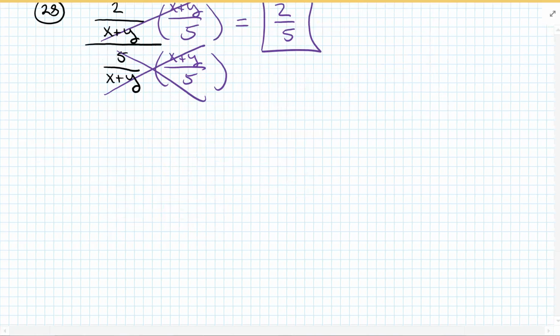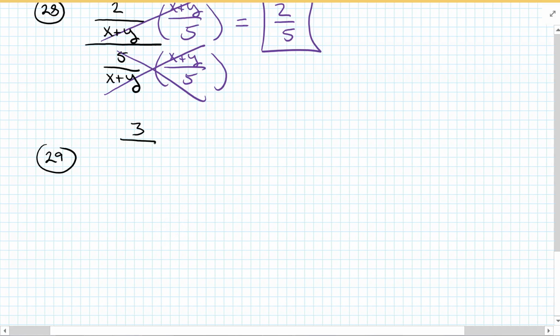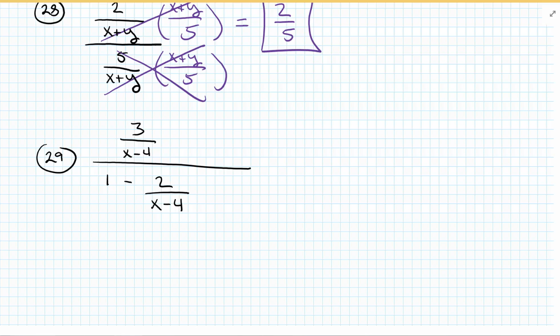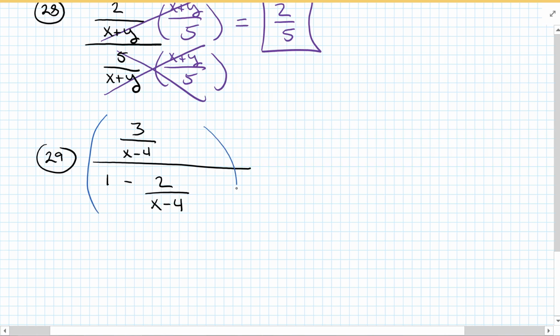Okay, 29. 3 over (x minus 4), all over 1 minus 2 over (x minus 4). Okay, what can I multiply everything by, top and bottom, to get rid of all the denominators? Well, if I multiply this whole thing by (x minus 4) over (x minus 4), I'm going to get rid of the denominators.